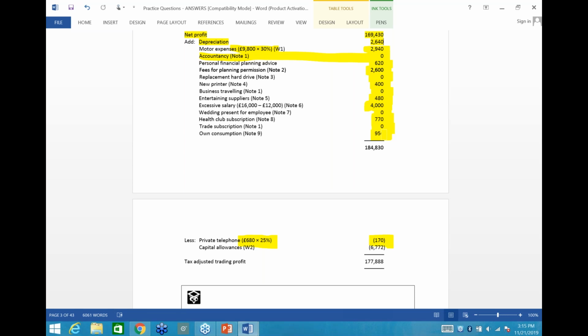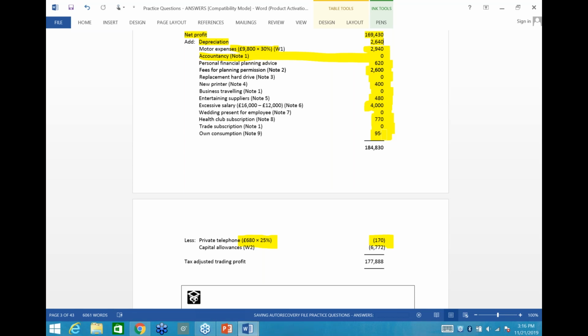However, on plant and machinery, we can claim capital allowances.